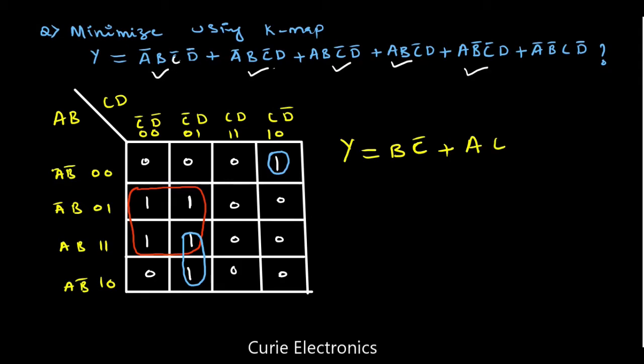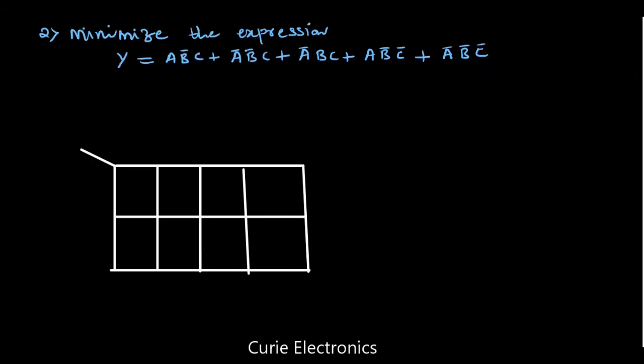That is C bar D. Then the one we can't club with anything else, we just write it. What does that one represent? The literal A bar, B bar, C, D bar. So that is the answer: B C bar, A C bar D, and A bar B bar C D bar. Yes, the answer is correct. Let's go to the next question.